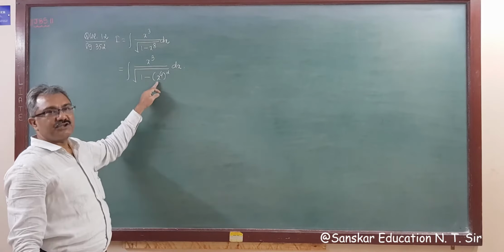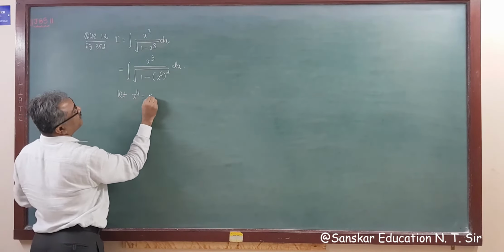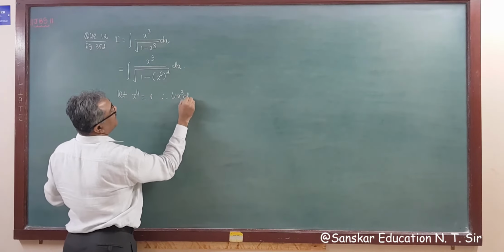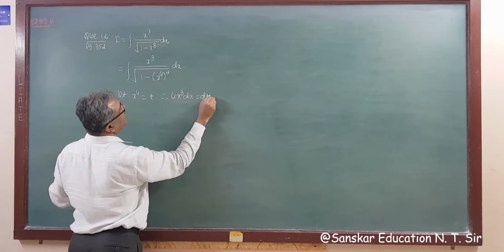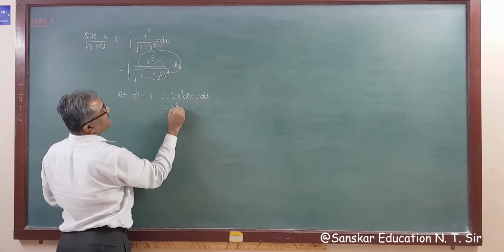So I am assuming x raised to 4 is equal to t. Let x raised to 4 is equal to t. The derivative of this is 4 times x cube dx is dt, so x cube dx is 1 upon 4 dt, right?